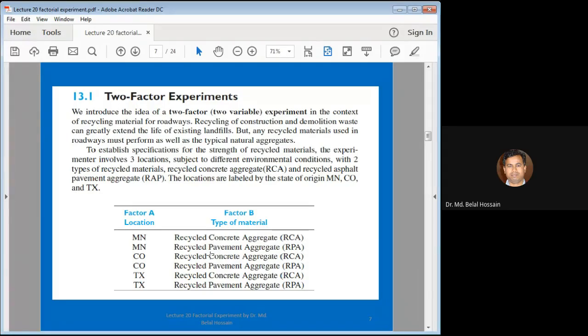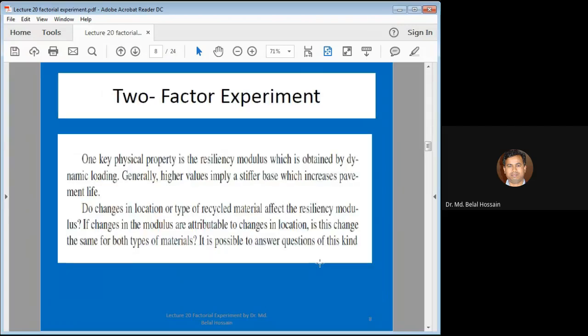We have 6 possible combinations along with that factor A. Okay, so Minnesota in 2 cases, that is RCA and Minnesota RAP, Colorado RCA, Colorado RAP, Texas RCA, Texas RAP. Okay, so we have 6 possible arrangements.